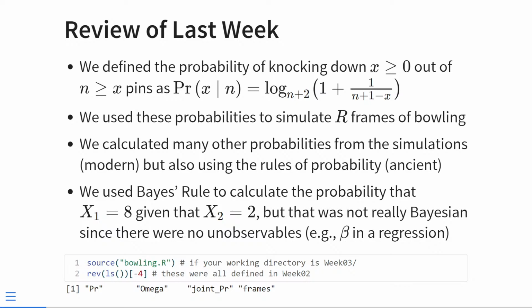If we want to do Bayes' rule for parameters, like beta in a regression, we can use the same mechanics, but we're going to get a lot of criticism from the Ghost of Fisher. And maybe some other people, but mostly the Ghost of Fisher. All right. And Wooldridge.